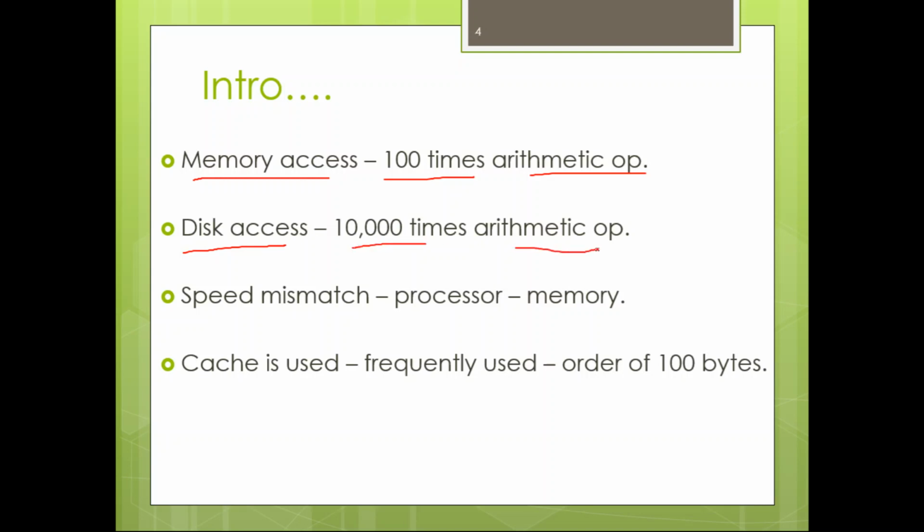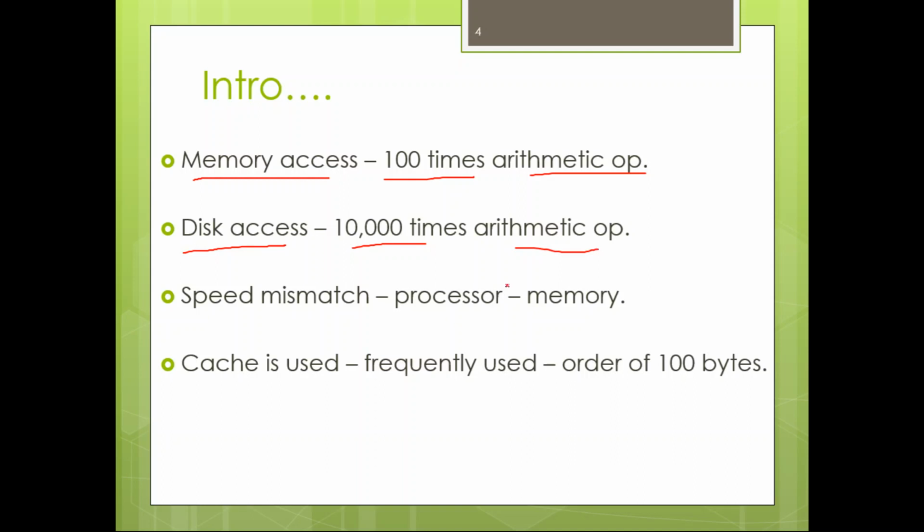So if a processor needs X amount of time for an arithmetic operation, then to access a particular piece of data from the disk it will need 10,000 times X. The extent to which we reduce memory access and disk access, to that extent the speed of the processor will increase.